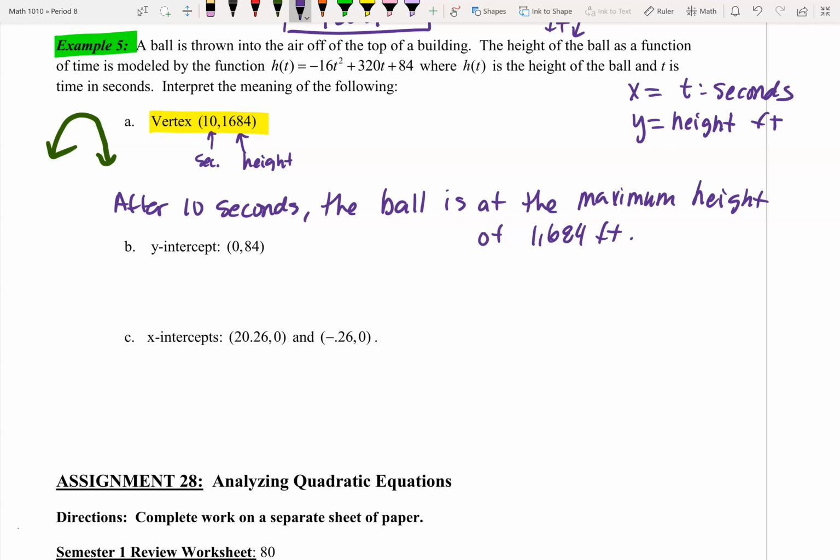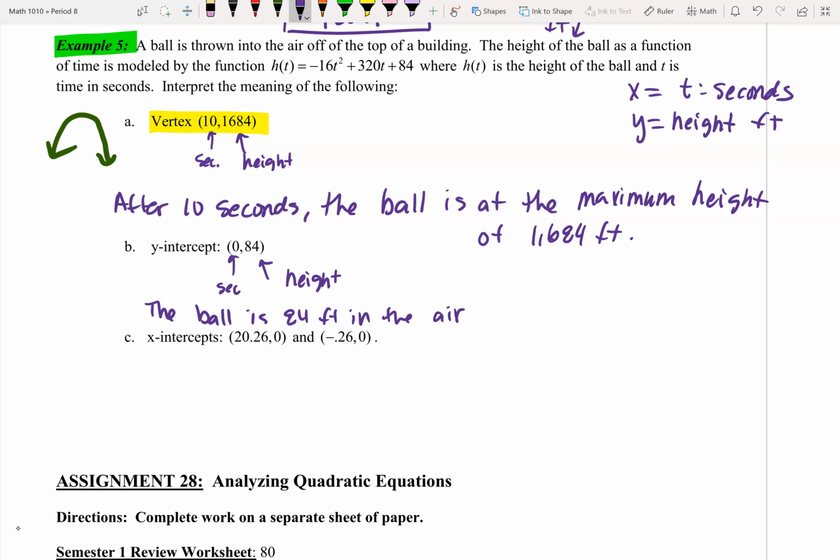The y-intercept is 0, 84. So again, draw an arrow right here and say 0 is seconds, 84 is height. You could say this. It would be very awkward. After 0 seconds, the height is 84 feet. Full credit, awkward. What does 0 seconds mean? Hasn't begun yet, right? And it's thrown into the air. So I'm going to say the ball is 84 feet in the air.